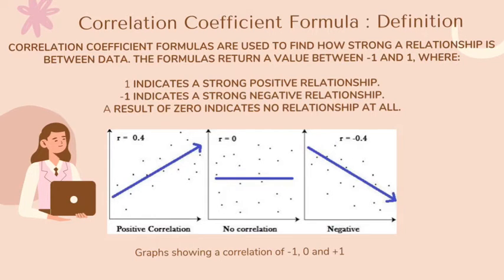A result of 0 indicates no relationship at all. You guys can see there are positive correlation, no correlation, and negative correlation. The graph shows a correlation of -1, 0, and +1.